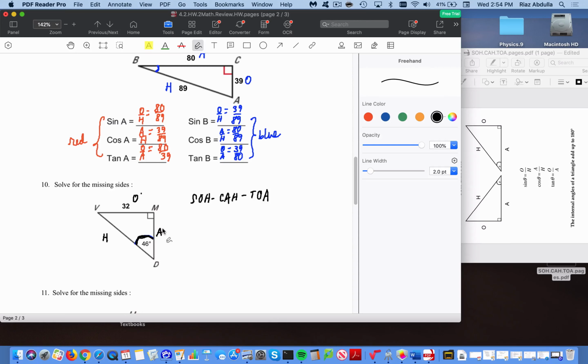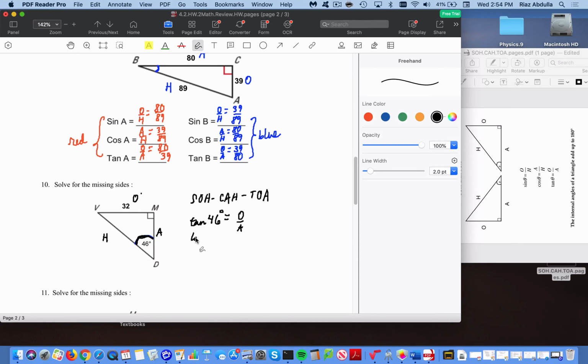I want A. So I need something that has both O and A in it. Well, that's not going to work. CAH is not going to work, but TOA will. So now what we're going to say is that the tangent of 46 is going to equal the opposite over the adjacent.